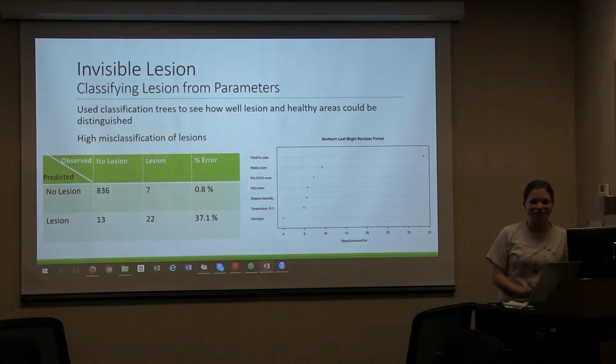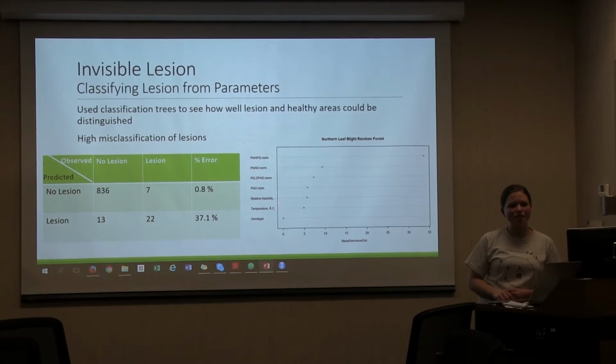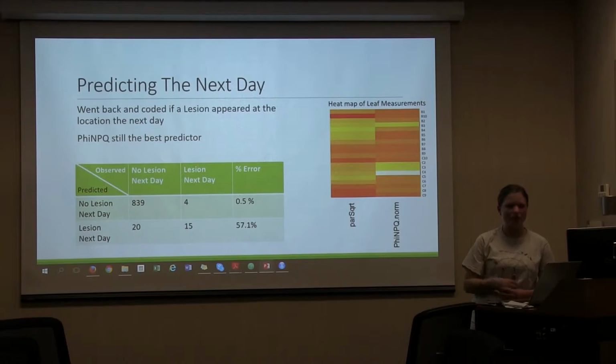So you said it wasn't necessarily that great at predicting lesions the next day or whatever, but do you think that the MultispeQ device was still detecting real differences, or that means that something else was affecting the plant? Were these strictly inoculated plots, or could there have been something else going on with the plant that PhotosynQ was picking up that we just can't explain?